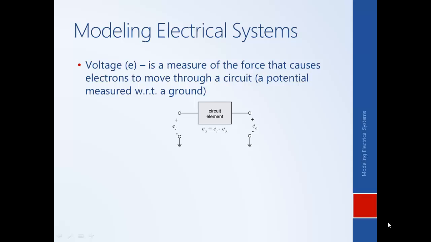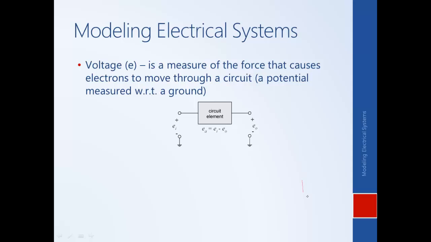In one sense you can think of voltage as the relative strength of an electric force field that causes electrons to move through a circuit, either repelling or attracting the electrons. As such, what matters with voltage is its relative strength.